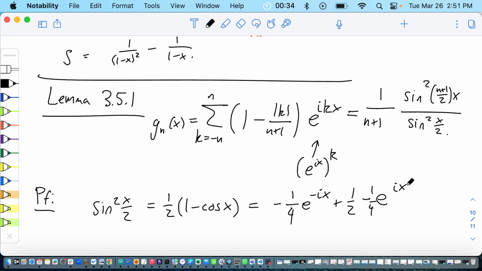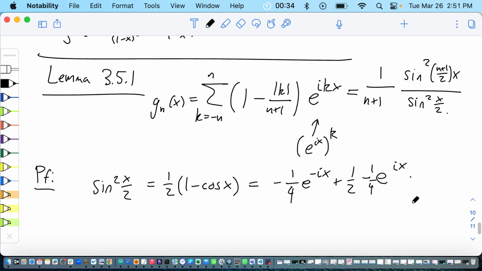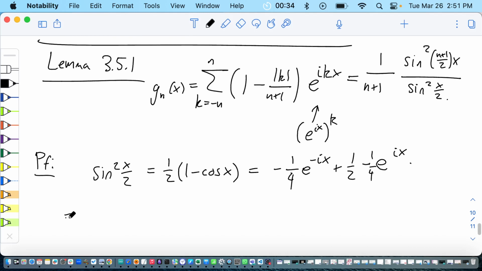Okay, so it's some linear combination of e to the minus ix, e to the ix, and a half. You could have also directly gone, because the sine function is e to the ix over 2 minus e to the minus ix over 2. That is one way to get sine. Oh, you have to divide by 2.